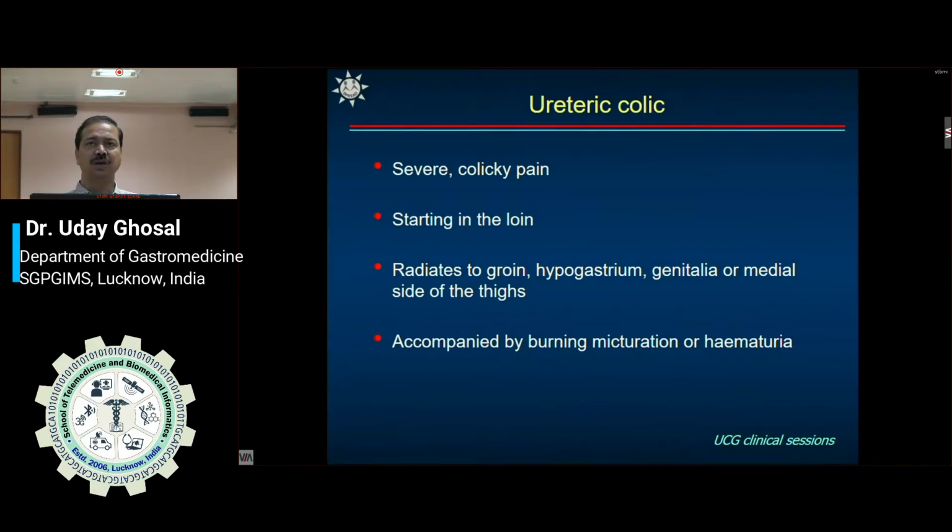And these two nerves come from the lumbar plexus behind the kidney. So whenever there is some pathology in the kidney, the nerve gets irritated. Irritation of this nerve leads to pain in the genitalia because of the genital branch supplying there, and the femoral branch supplies the medial side of the upper thigh, and that leads to pain in the thigh. Okay, obviously ureteric colic will be accompanied by urinary burning and may even have hematuria.